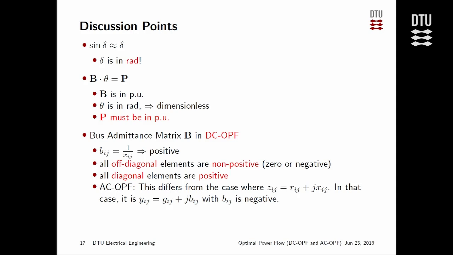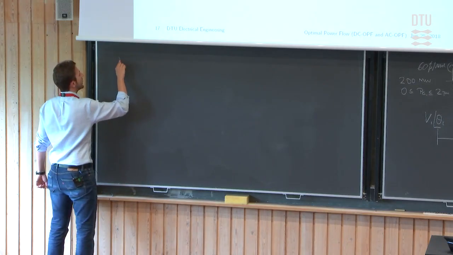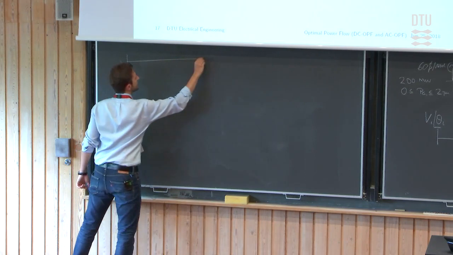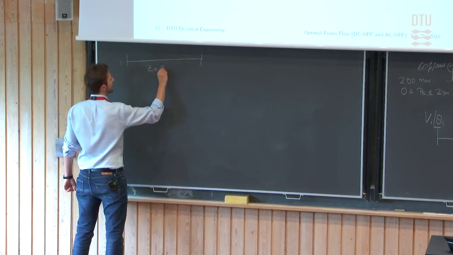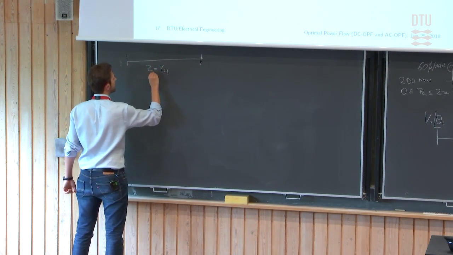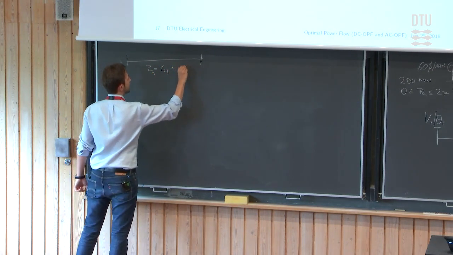So what happens is that I have my line, right? My line is an impedance. It's Zij = Rij + jXij.